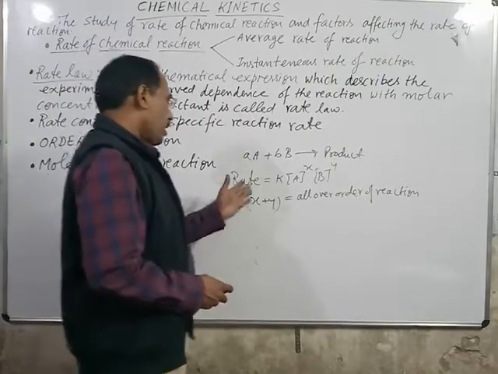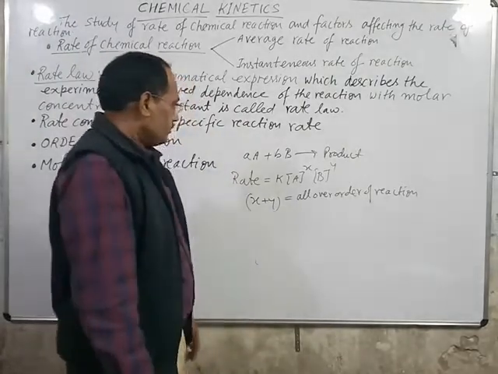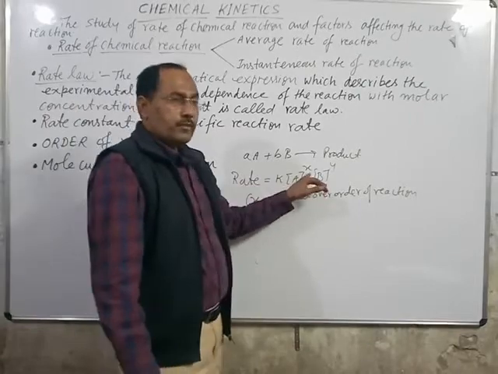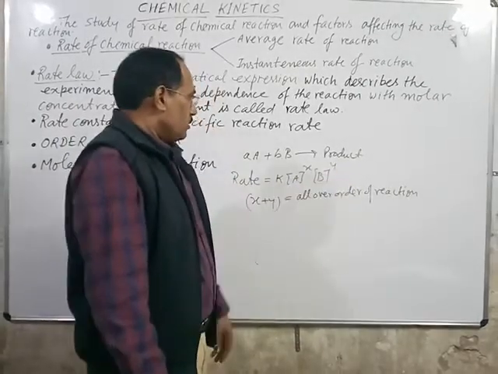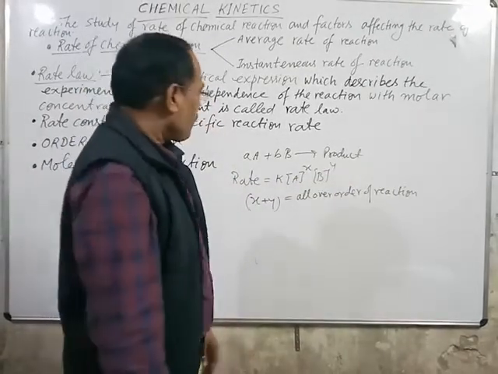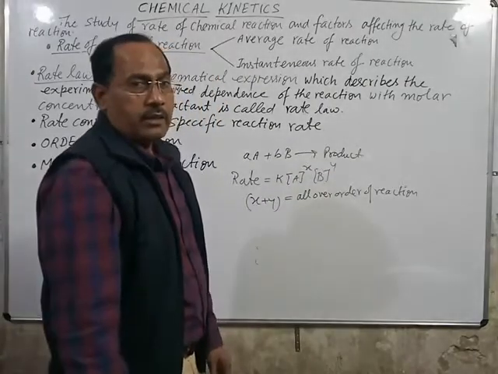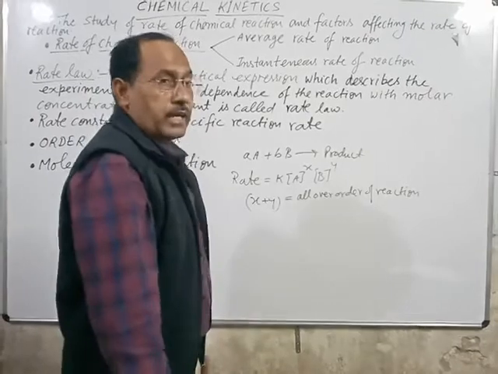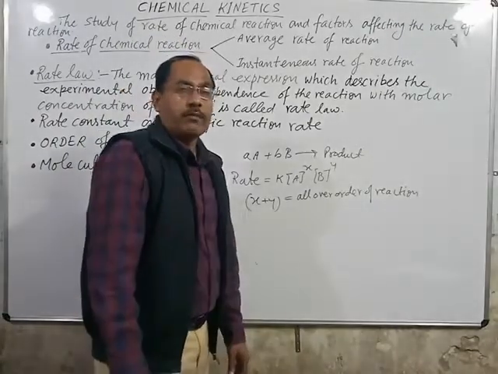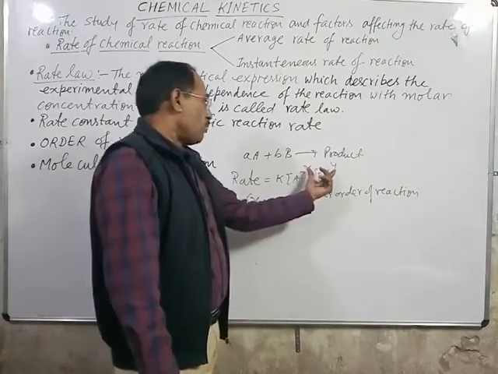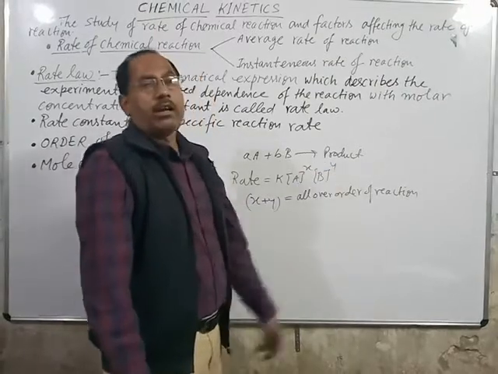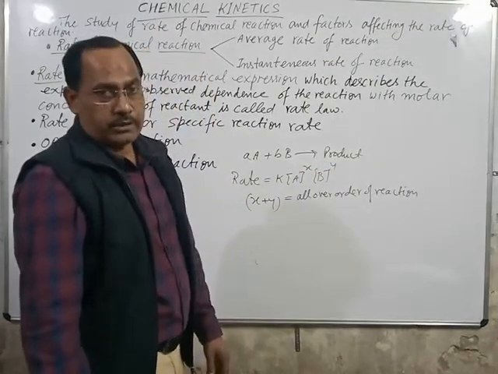So how will we find the order of reaction? Order of reaction means the sum of the powers of concentration terms in the rate law of a chemical reaction.